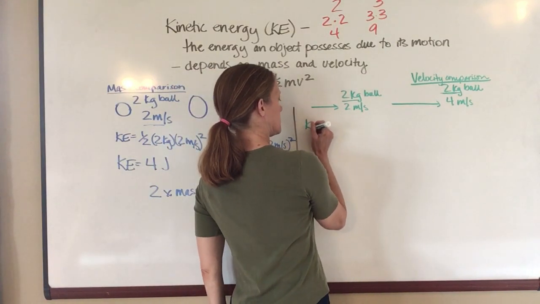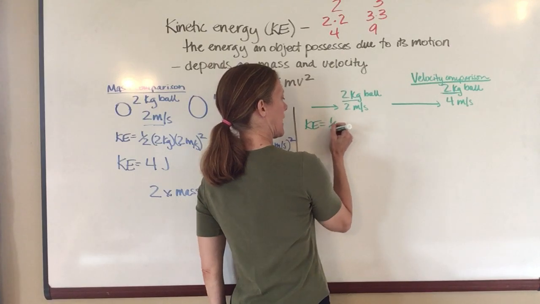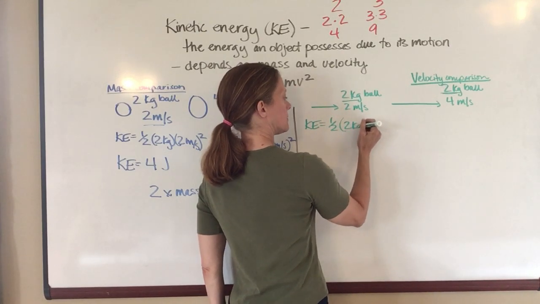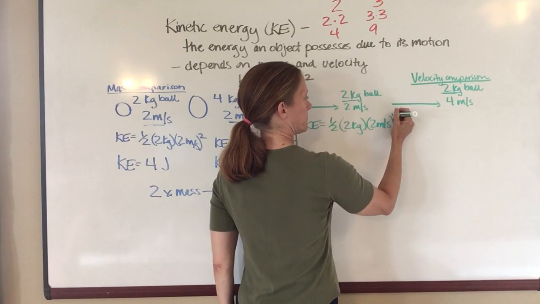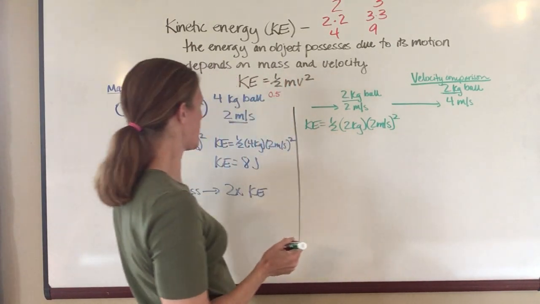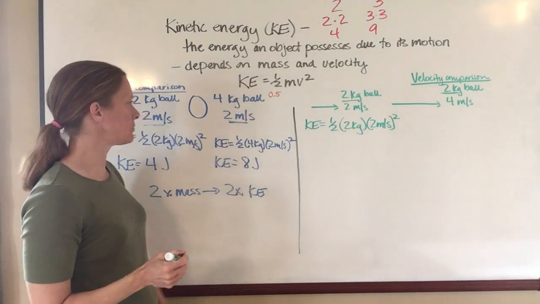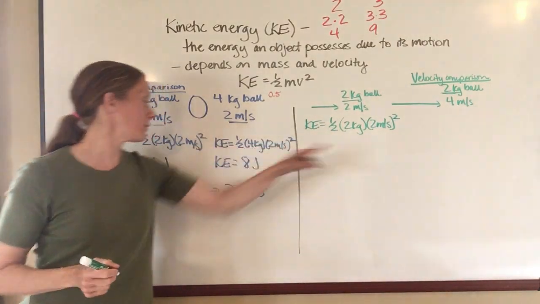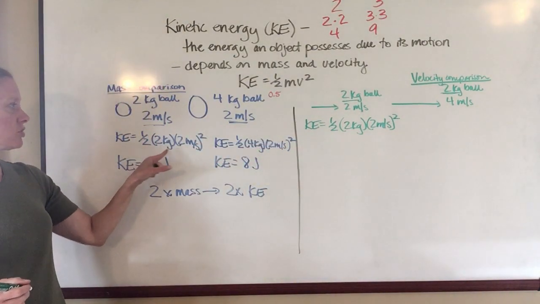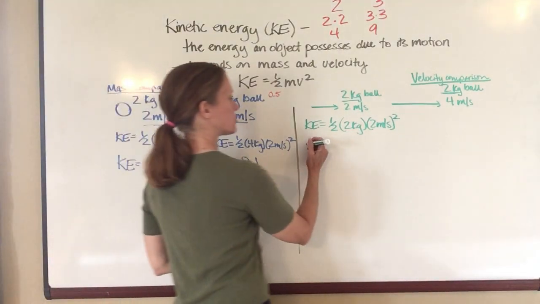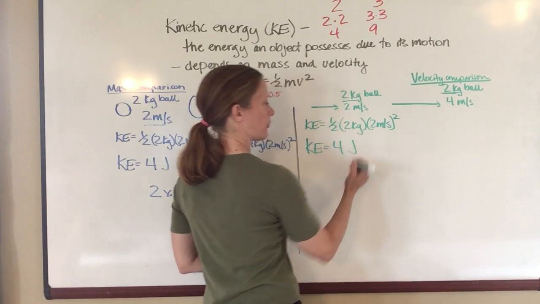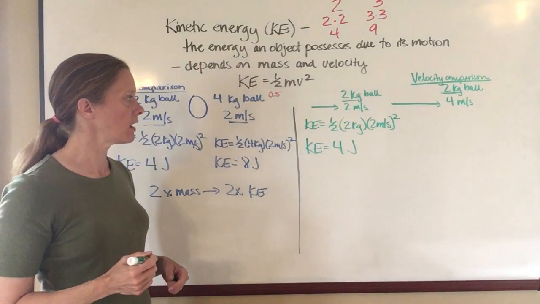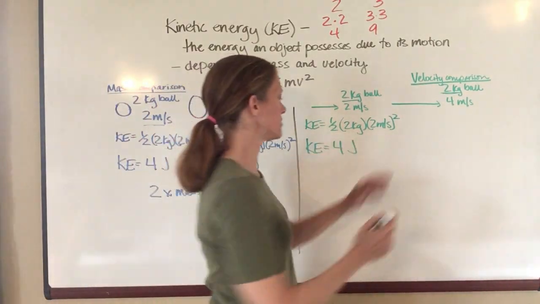Once again, kinetic energy equals 1/2 times the mass times the velocity squared. If I do that, in fact, that's the same problem that we just did over here, 1/2 times 2 times 2 meters per second squared. So I know that the kinetic energy of this ball is going to be 4 joules. Let's do the same thing with this ball now.